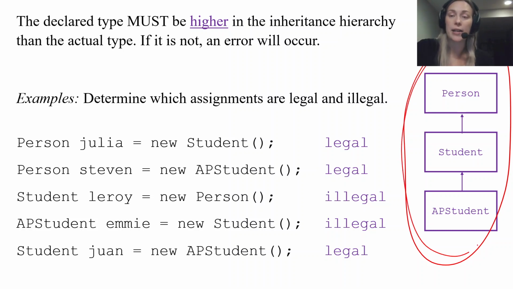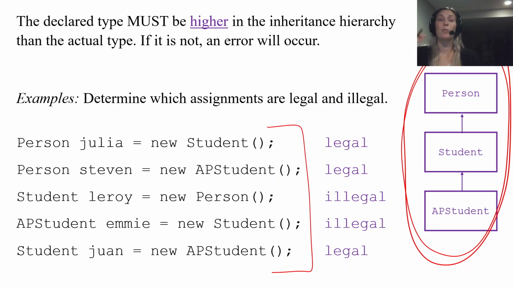Write out the hierarchy, especially if you have lines of code like this where you have to determine what's legal and what's illegal, and it can help you visually pick out which ones are going to be okay and which ones are not going to be okay, especially as you're learning it right now, because it probably feels a little bit weird. So you have illegal and legal assignments in upcasting.